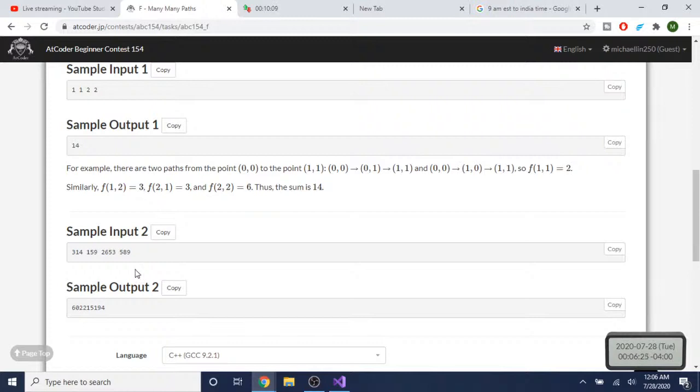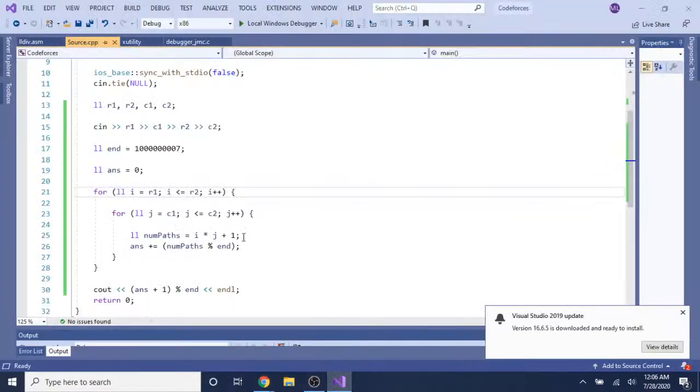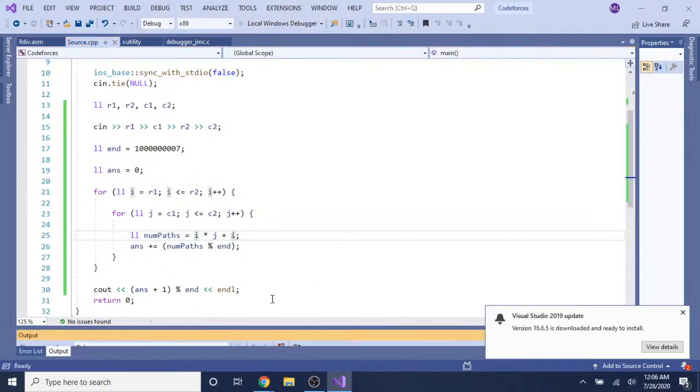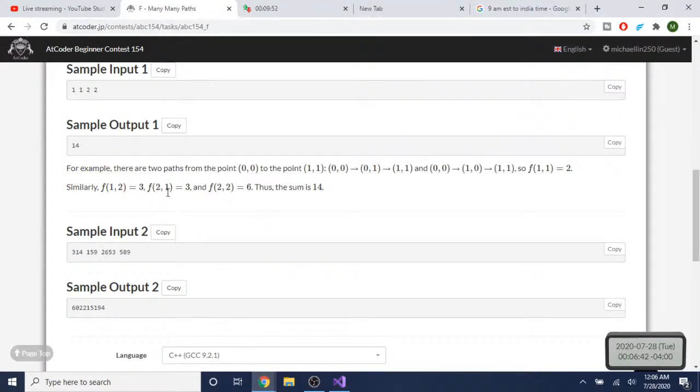Let's see if we plus x. Actually, what if we try plus I? But that's just the same thing as I plus 1 times j. Well, yeah, that is the same thing as I plus 1 times j.